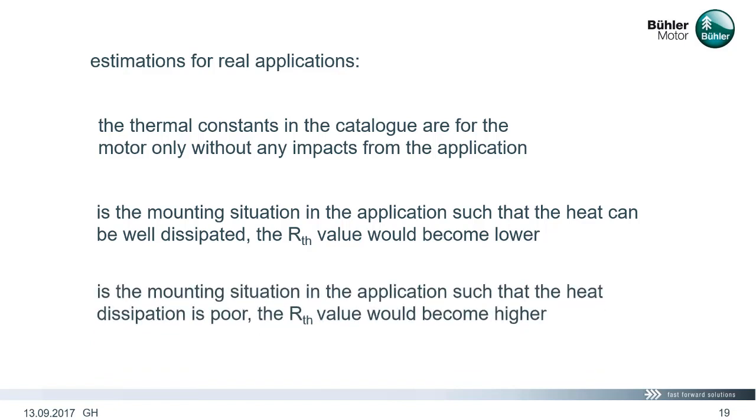Is the mounting situation in the application such that the heat dissipation is poor, the RTH value would become higher. These estimations are based on experience normally. Tests and temperature measurements are therefore oftentimes necessary in order to verify the calculations.